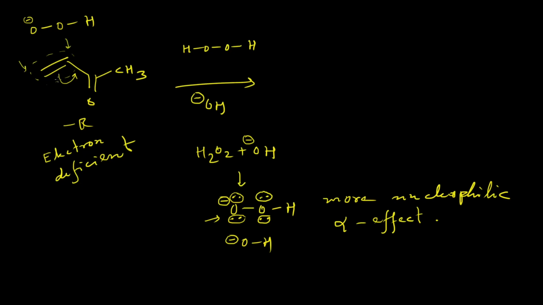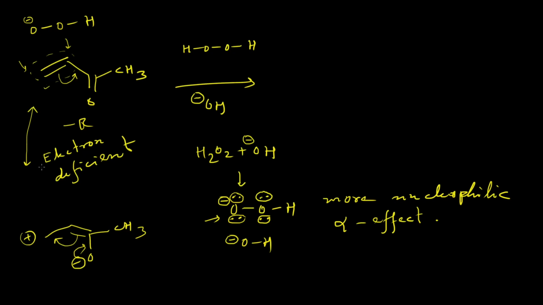If you see this conjugation, then after the conjugation, this intermediate will be produced. And then again, this O minus will form the double bond, and this double bond will shift over here, which will make this molecule.